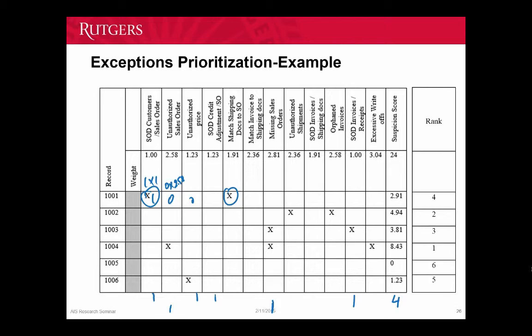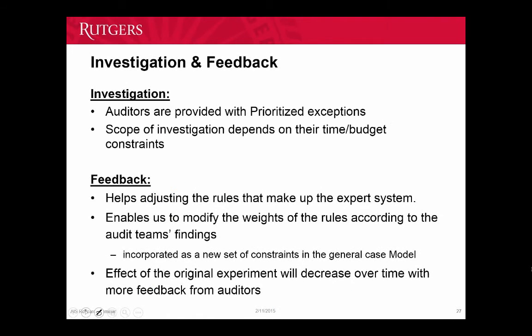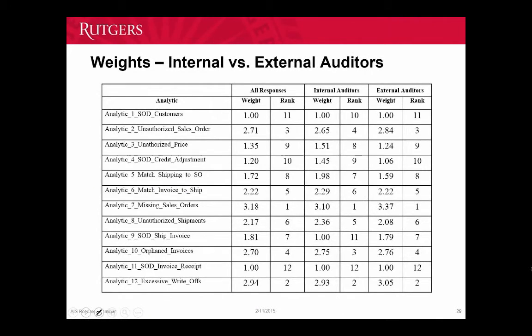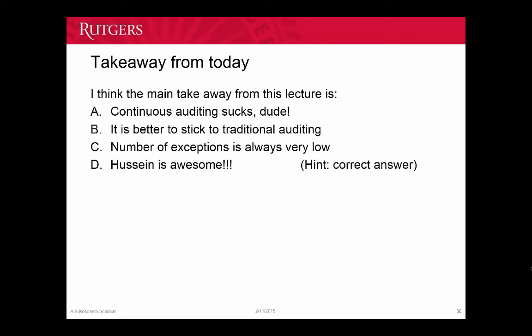Our argument is that even a case that violates 2 rules might be more suspicious than a case that violates 4 rules. This is my argument, that it could be. Why? Because the rules violated are more serious than those violated by the one that violated 4 rules. Although there were 4 violations, they are less serious than those ones.